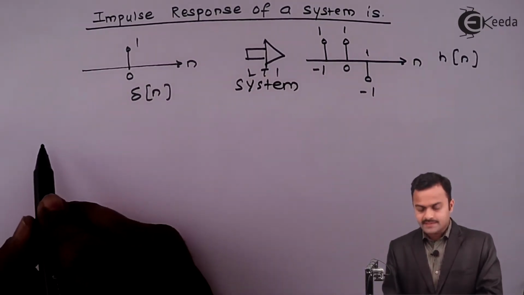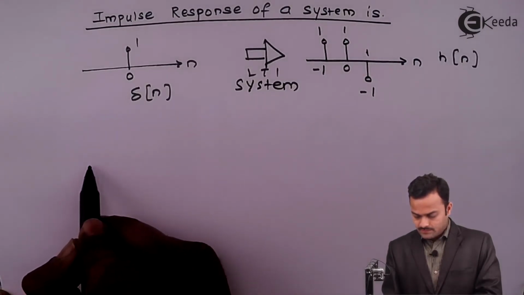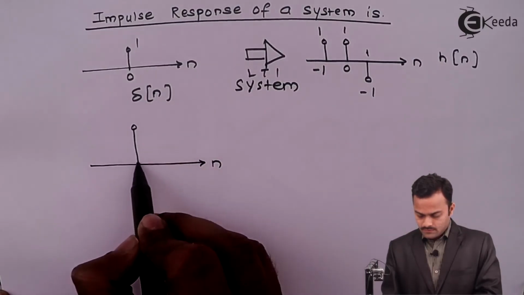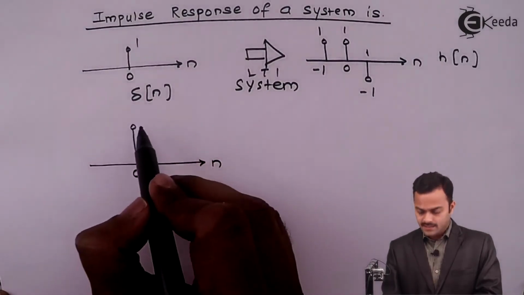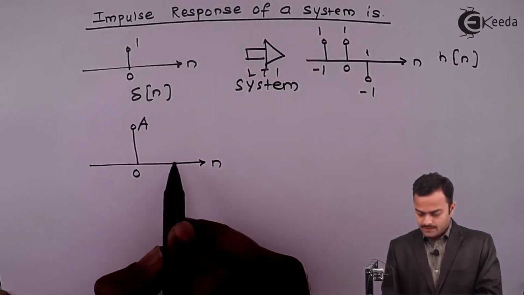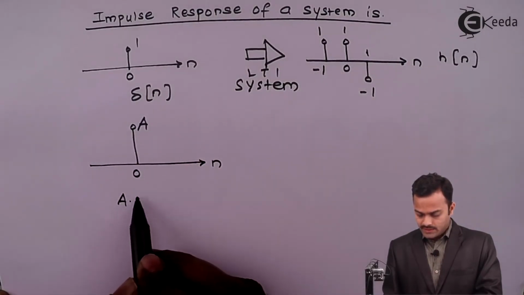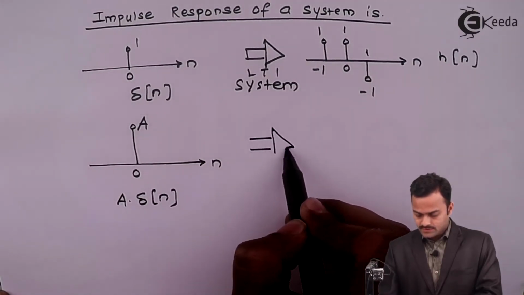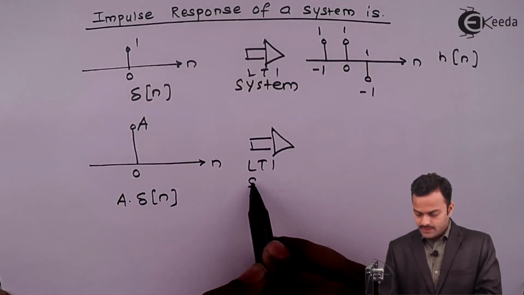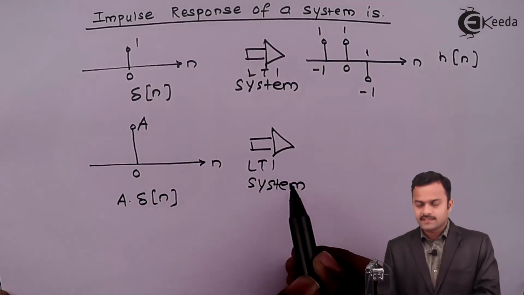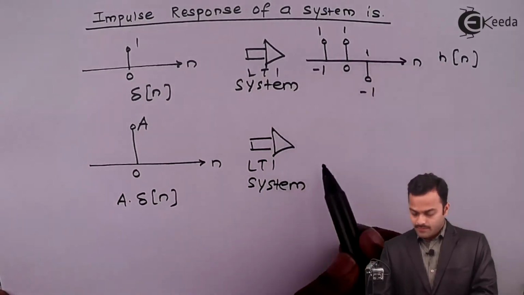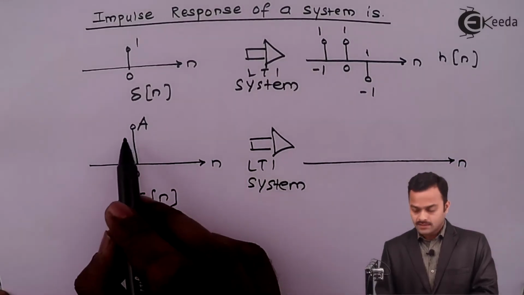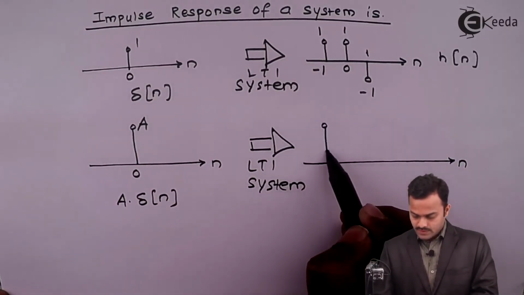So what I said, suppose I'm having a signal like this, which is a scaled version of delta n by say amount A, then I will call this A delta n. If I pass it through this system which is linear time invariant, I should get a corresponding magnitude multiplied with a capital A. So we should get a response like this.